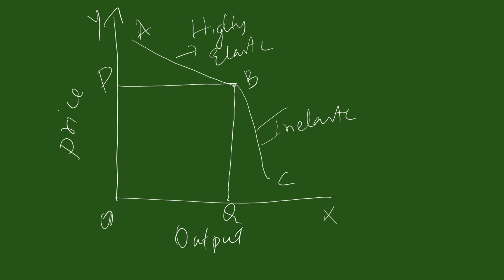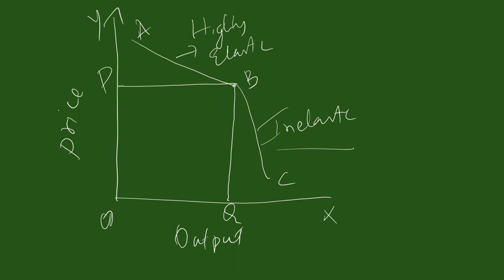The reason behind this is, as we have already seen, we have two segments here. One segment is above the market price. See here, OP is the market price and OQ is the output. The segment above the market price is highly elastic, and the segment below the market price is inelastic.